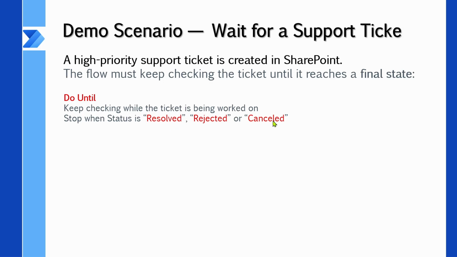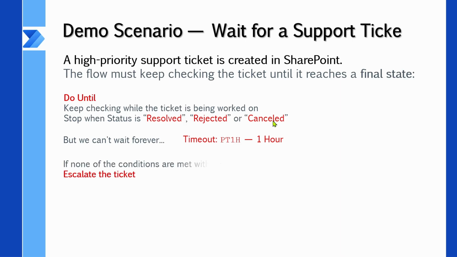But here is the thing. It's a high priority ticket, so we cannot wait forever. Now you see how that timeout PT1H, or 1 hour, or whatever the duration that we specify, makes sense. So if none of the conditions are met within an hour, we want to escalate the ticket.